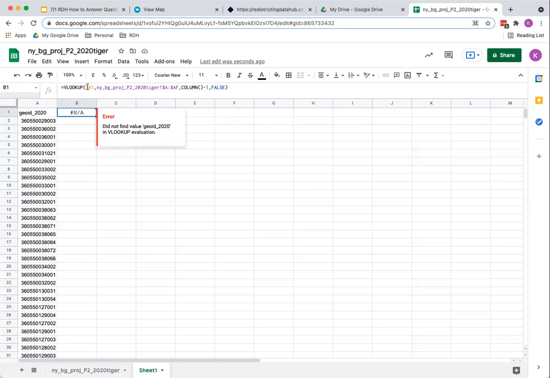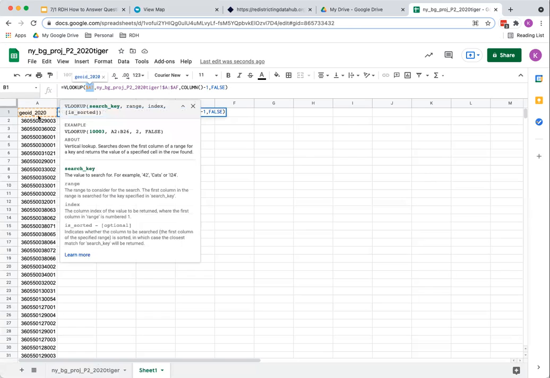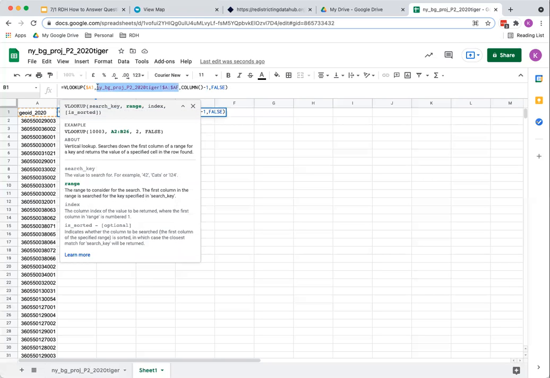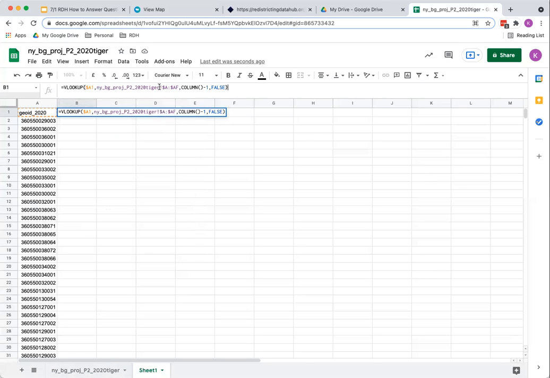Okay, so the first part is that I want to look for the value in cell A1. So I want to look for the value, in this case, Geo ID 2020. I'm going to next tell it where to look. So I gave it the name of the tab, New York BG Proj P2 2020 tire, which is the name of my tab here.